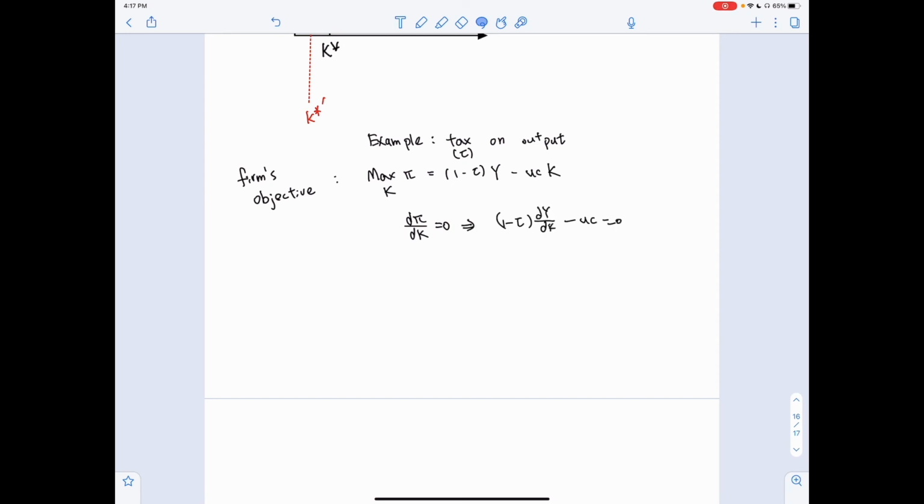Then we have the equation 1 minus tau multiplied by dY over dK minus the user cost of capital equals 0. We then find the profit maximization condition: 1 minus tau multiplied by the marginal product of capital equals the user cost.